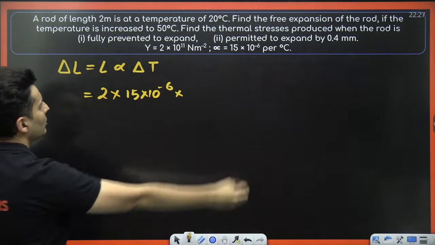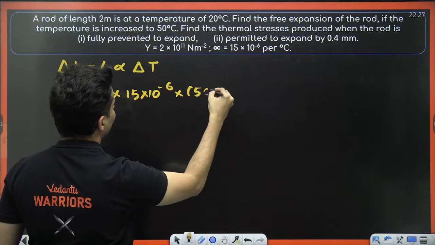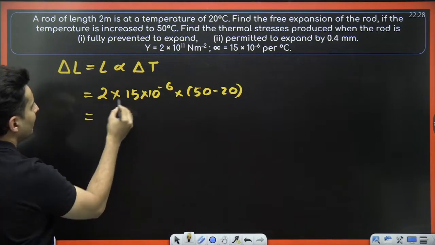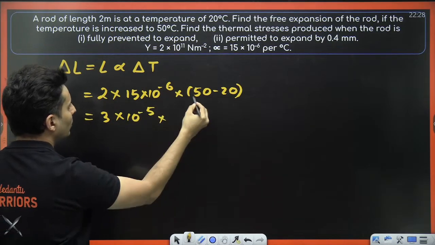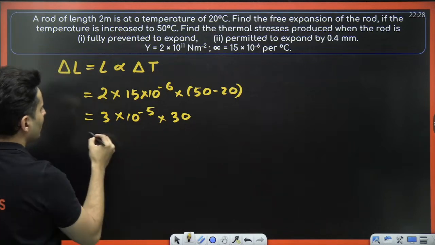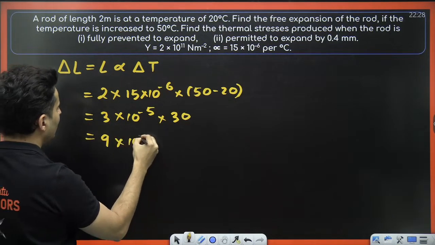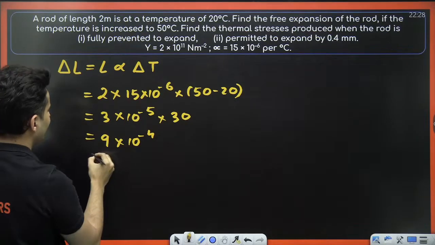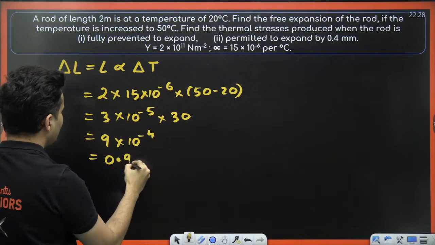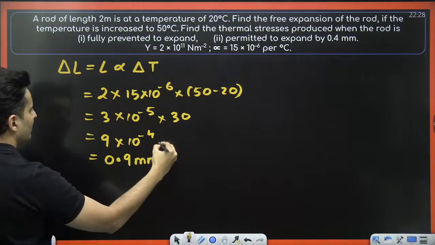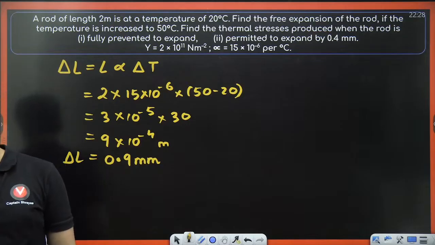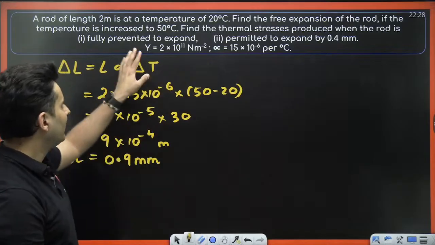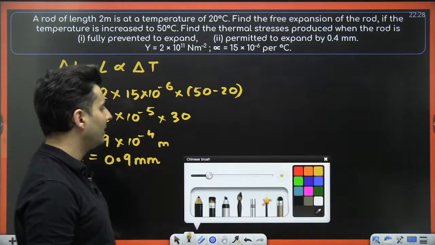What is the temperature change? 20 to 50, so it is basically 50 minus 20. 15 2s are 30, so 3 into 10 to the power minus 5 into 30. 3 3s are 9, so 9 into 10 to the power minus 4 meters. Basically 0.9 millimeters. Everyone with me on this?